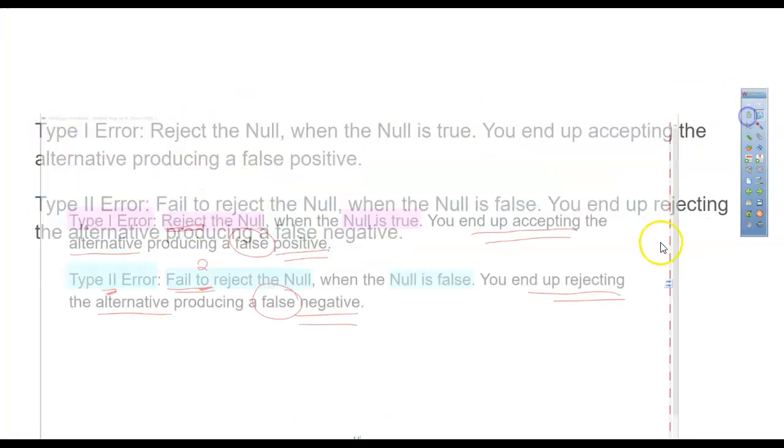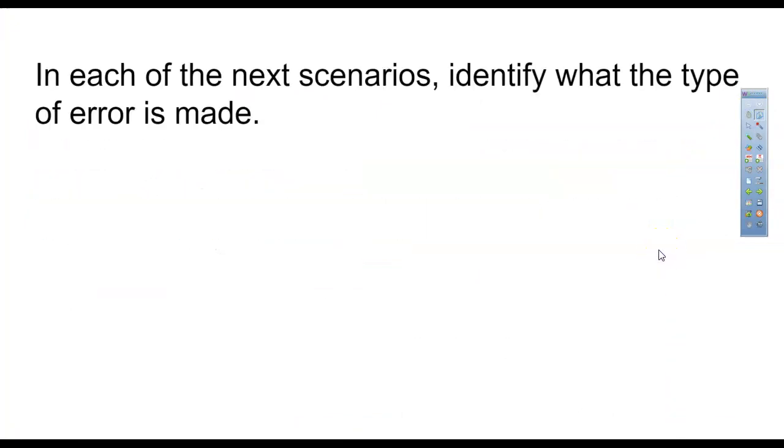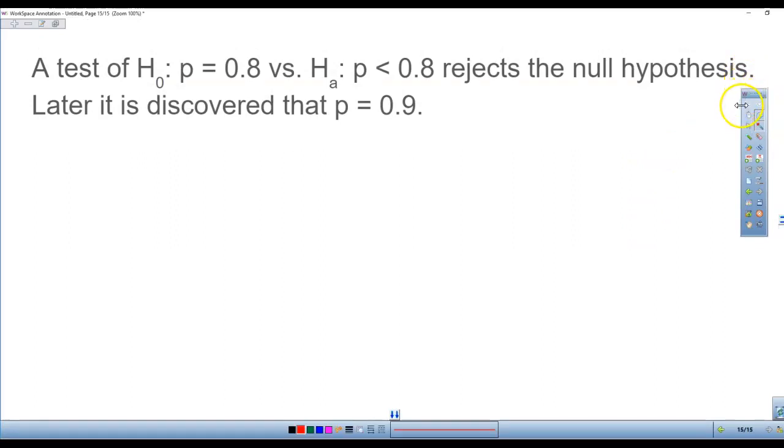So if we look at an example, in each of these scenarios, I need you to identify what type of error is made. So if we look at this example, it says a test of the null p equals 0.8 versus the alternative is p less than 0.8 rejects the null hypothesis. Meaning it says, oh, the null hypothesis is false.